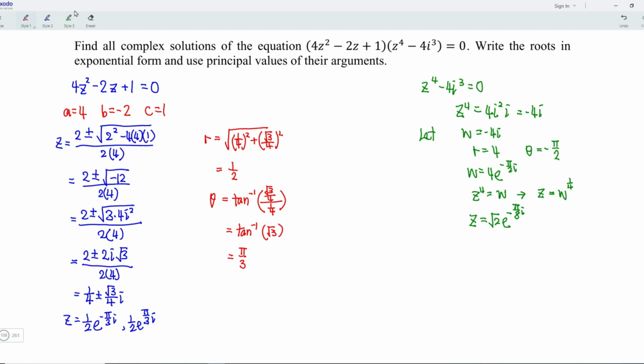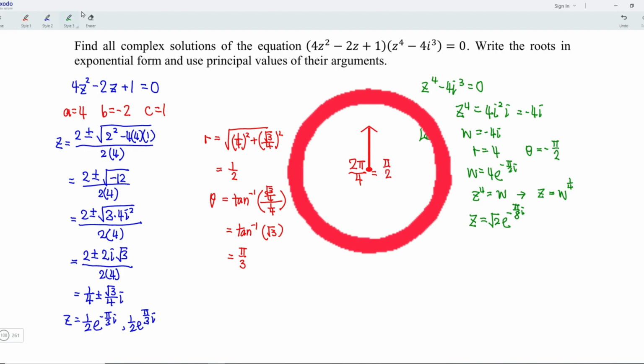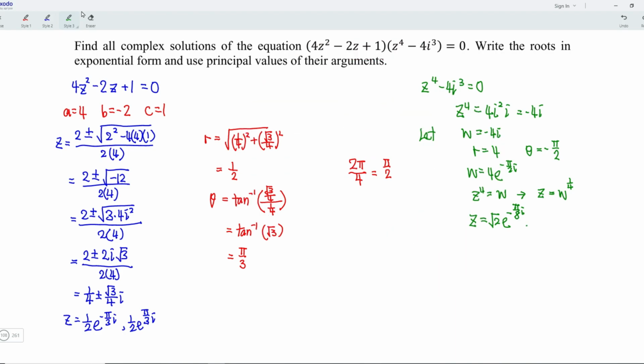To find them very easy, recall that one complete circle is 2 pi, but what we need here is 4 solutions, so it should be divided by 4 and we obtain pi over 2, which means that the gap or the angle between the complex numbers is pi over 2. In other words, to determine the next solution, we should increase the angle by pi over 2, so we should have negative pi over 8 plus pi over 2, that is 3 over 8 pi.